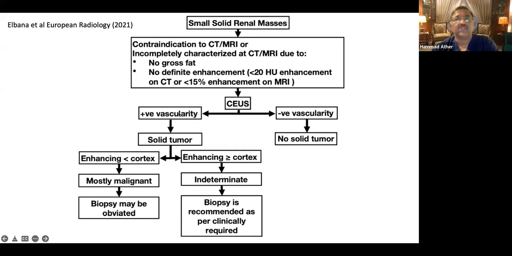If you have high vascularity, it is likely to be a solid tumor. If it enhances less than the cortex, it is mostly malignant, and you can avoid the biopsy and make a surgical decision about treatment. If it is enhancing greater than or equal to the cortex, it is an indeterminate mass, and sometimes biopsy is recommended.